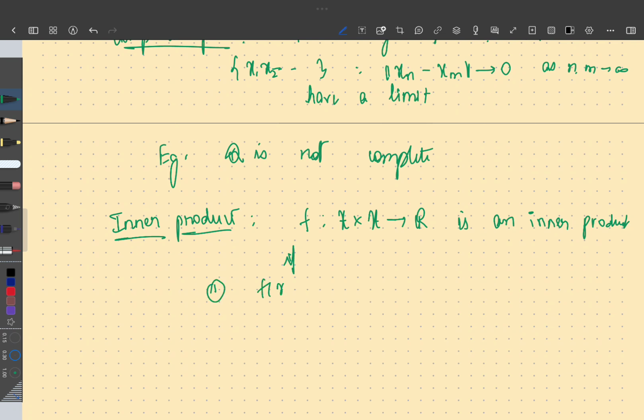One is that f of x comma x is greater than or equal to 0 for all x, and equality holds if and only if x is the 0 vector. Here we are assuming that x is some arbitrary vector space over R. No other assumption. It could be finite dimensional, it could be infinite dimensional.